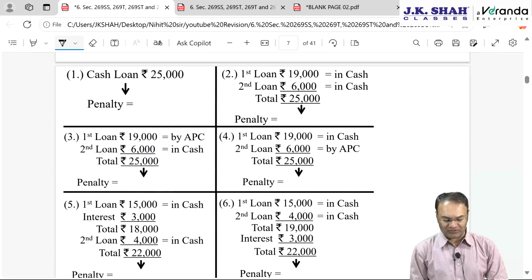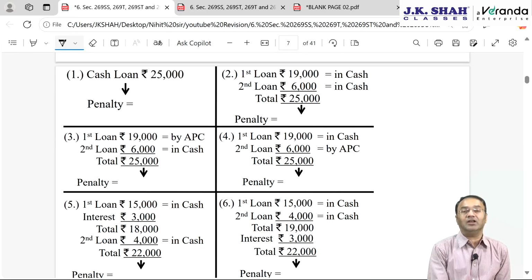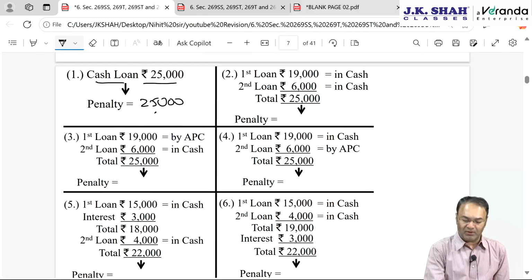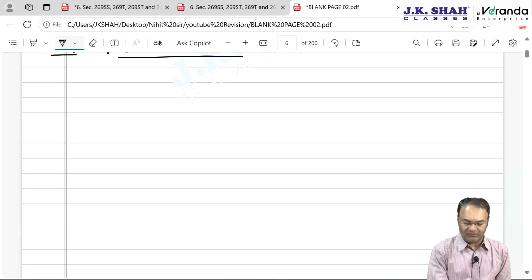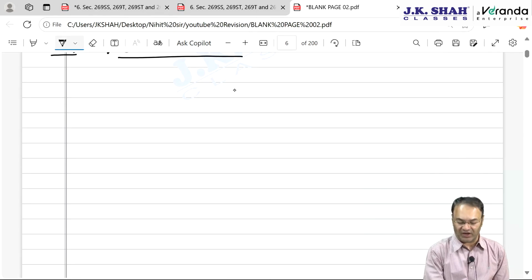Okay, six examples for penalty. First example, I take only one loan from you, straight away 25,000. Full 25,000, the section is violated, and the entire amount will be levied as a penalty. Remember one thing, penalty can be levied only if two conditions are satisfied. First, the amount is 20,000 or more.